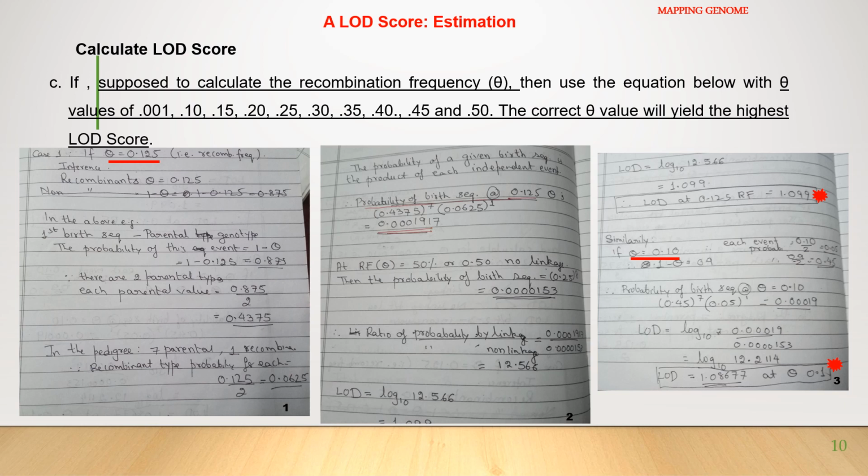In this particular example that we studied, there were 7 parental and 1 recombinant.